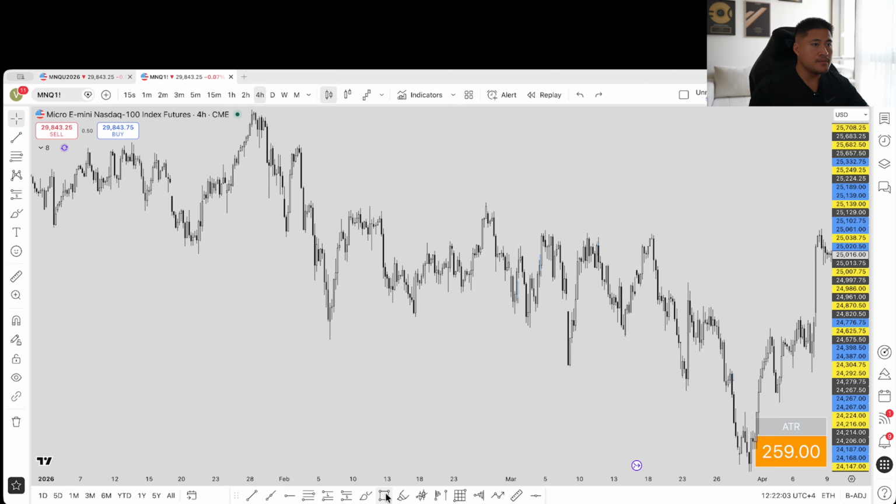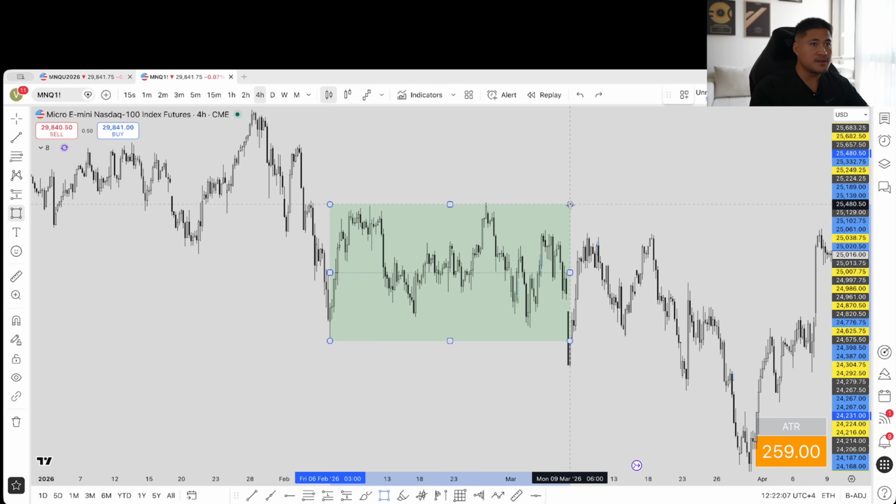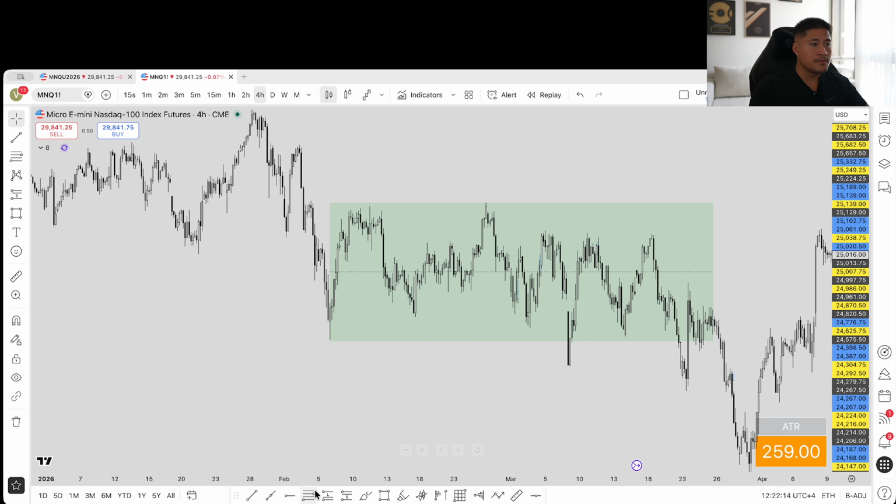This phase right here is more of a consolidation phase. We started with a bearish trend right here, and from here on, we are consolidating.